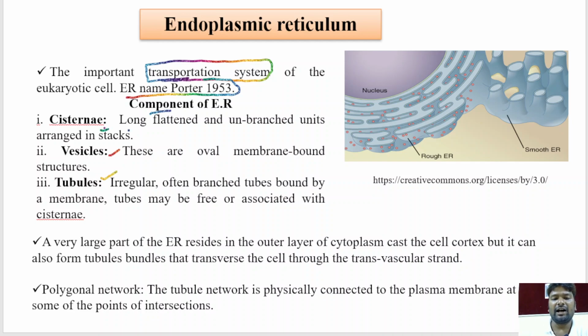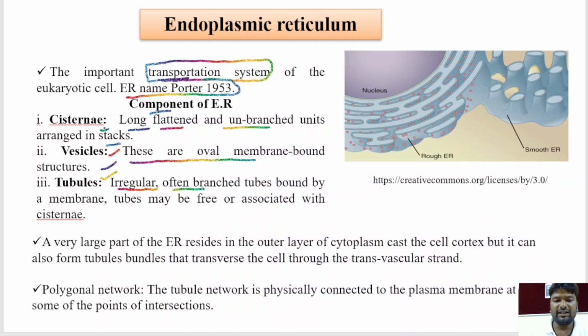So cisternae are long, flattened, and unbranched units arranged in stacks. Second one is the vesicles, which are oval membrane-bound structures, and third one is the tubules, which are irregular in shape and often branched tubes bound by a membrane, and these tubes can be free or associated with the cisternae.